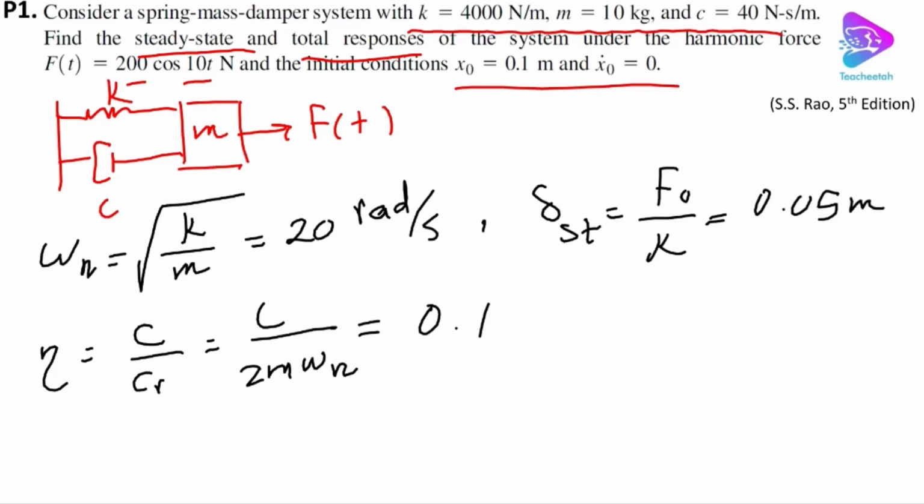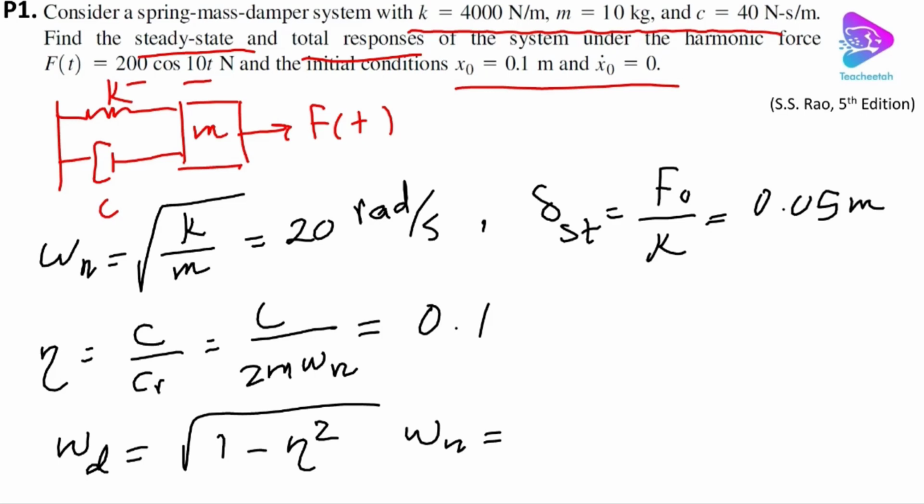So that's why we also need to find omega d, because we need that in the future. We know it's equal to the square root of 1 minus zeta squared times omega n. We know zeta, we know omega n, so it's very easy to find the damped frequency, 19.8997. And as you see, it's near the undamped frequency because zeta is very small, right? And the unit is again radian per second.